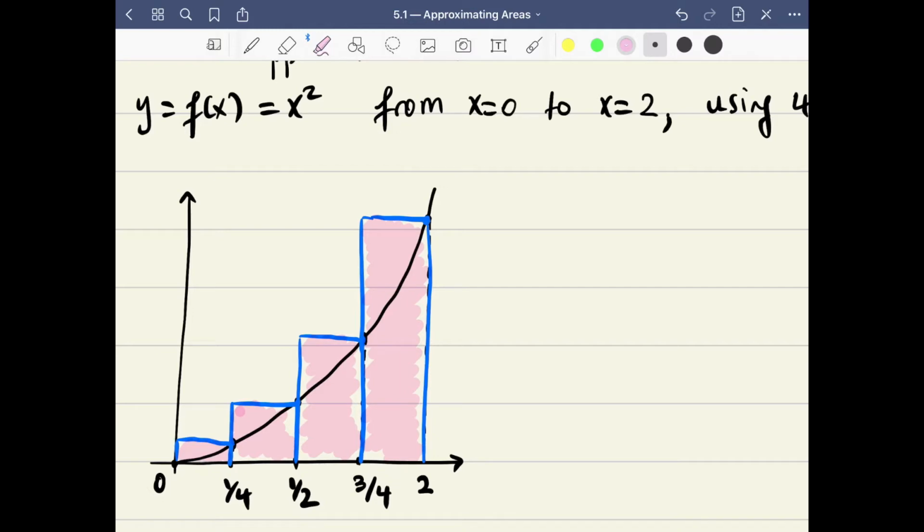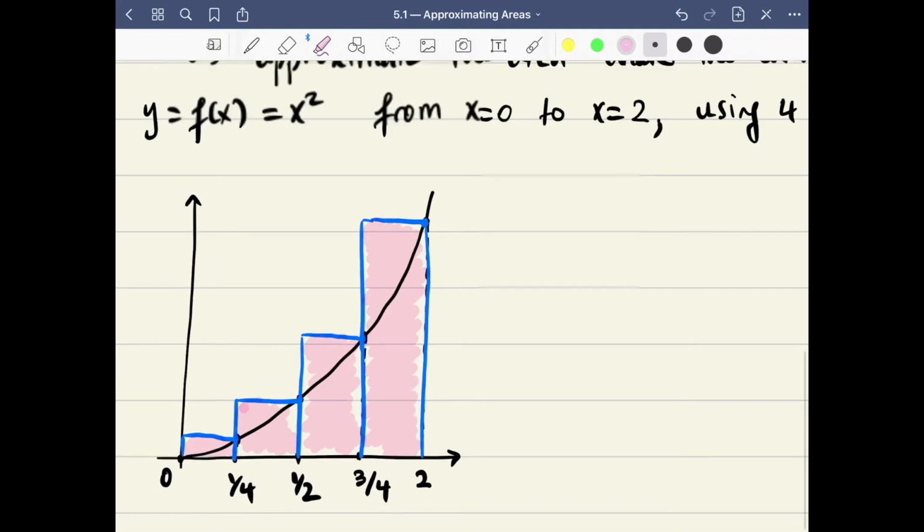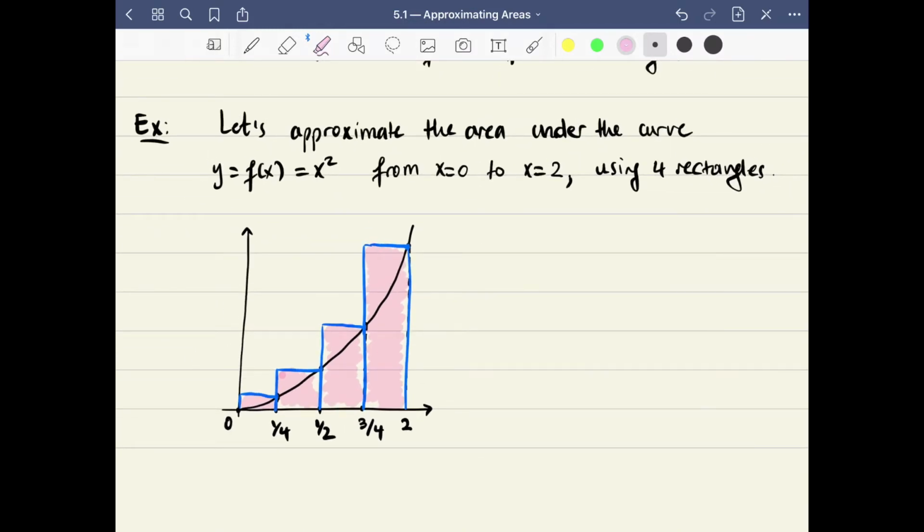All right, so these are my pink rectangles finally. So the area of the first rectangle, let me give them names. So let's call this area A1, A2, then A3, then A4.